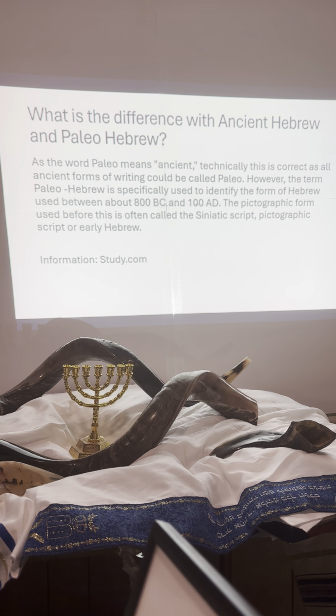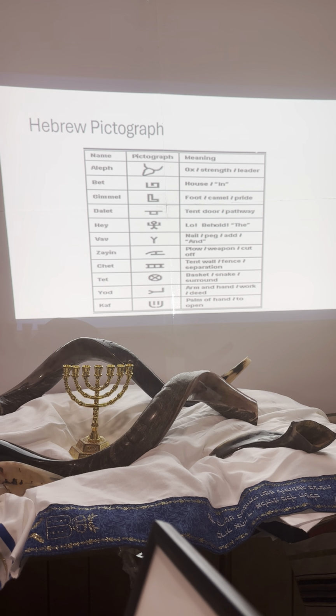So the pictograph form used before this is often called Sinaitic. Some people say Sinaitic script, pictograph script, or the early Hebrew. Okay, all right. So this was what we talked about the last time.